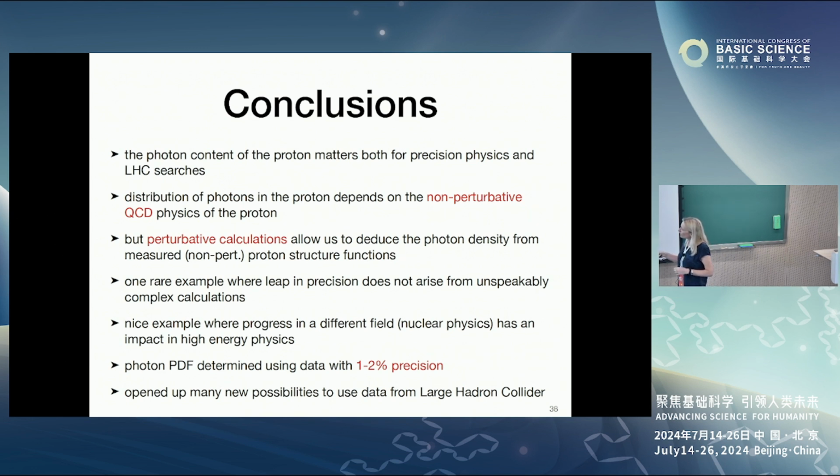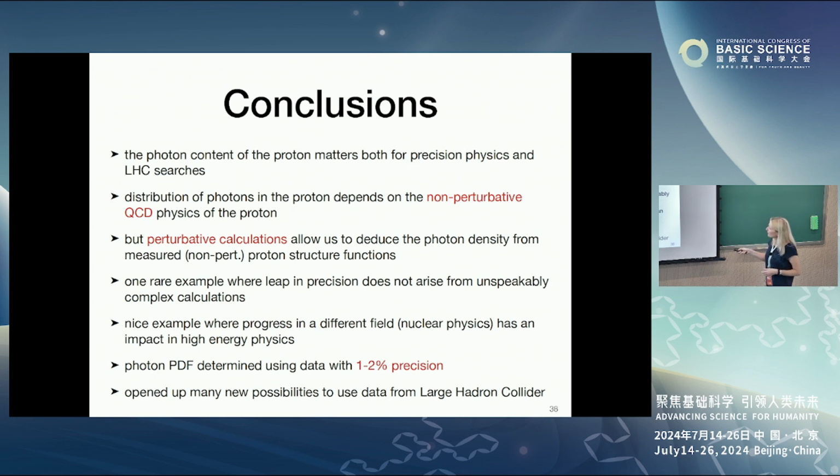And I think this is one of the really rare examples where we could have really a leap in precision from gigantic uncertainties to really percent precision without doing super complex, very difficult calculations. It's also, I think, a nice example where progress in a different field, achieving precision in the determinations of F2 and FL, which is essentially nuclear physics, has a big impact on high energy collider physics.